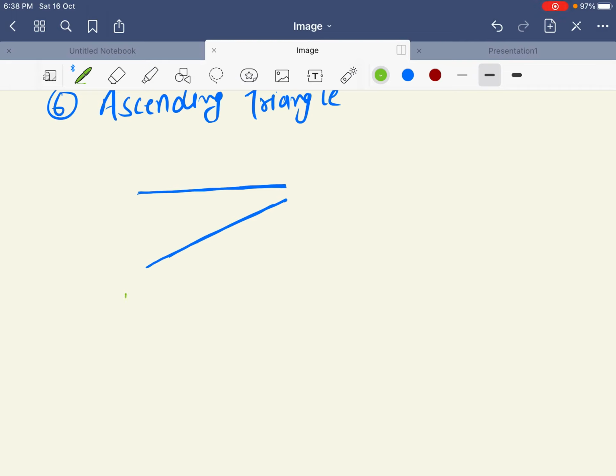For the entry, the trade enters in bullish form like this, then trades inside this triangle like this.